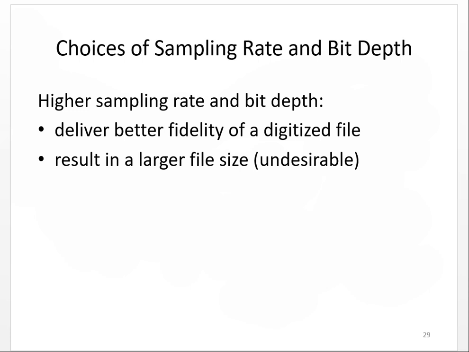So for better fidelity, to show the quality to the customer, you increase the sampling rate and the bit depth. And second, when the bit depth is increased, it results in a larger file size. Okay, file size is going to increase.